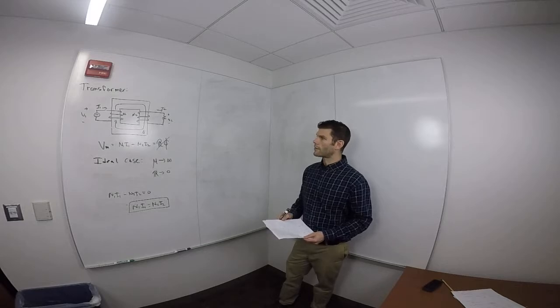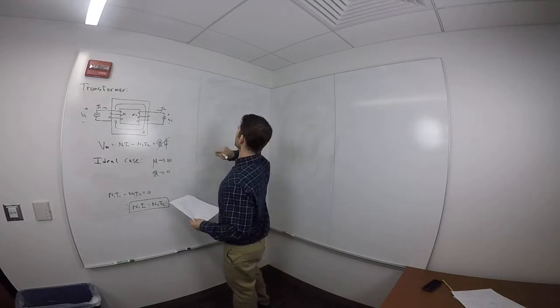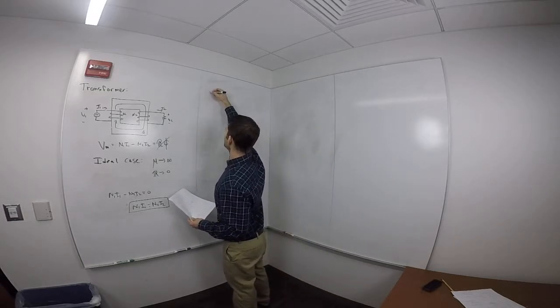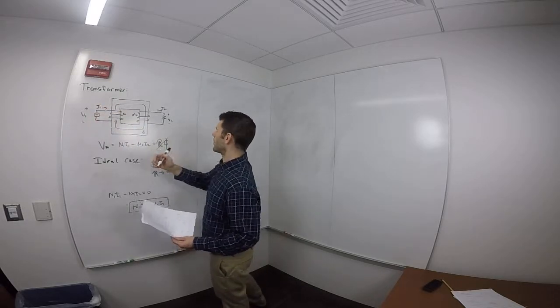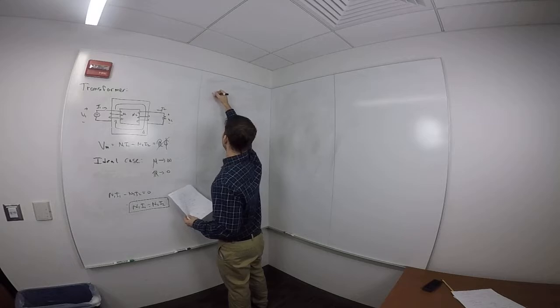Okay, how can we relate those voltages? Well, the way we can relate the voltages, let's fall back on Faraday's law. And what I'm going to do here is ignore the negative sign for Lenz's law, because we know that we'll just have a positive polarity build up in the way that it is there, and we'll just omit the negative sign.